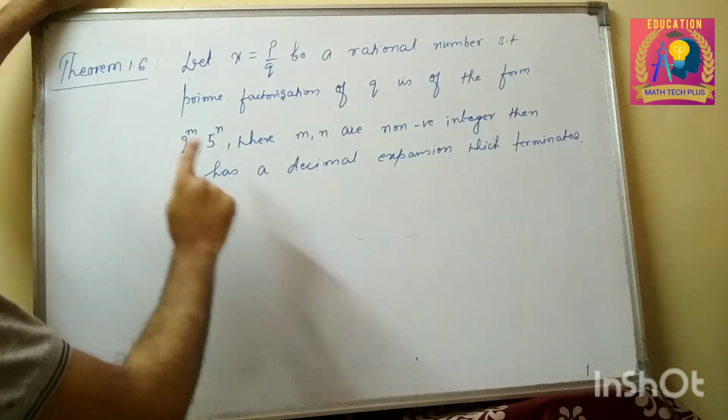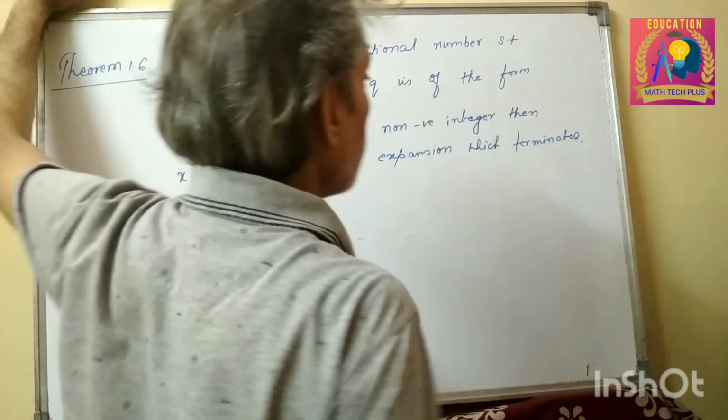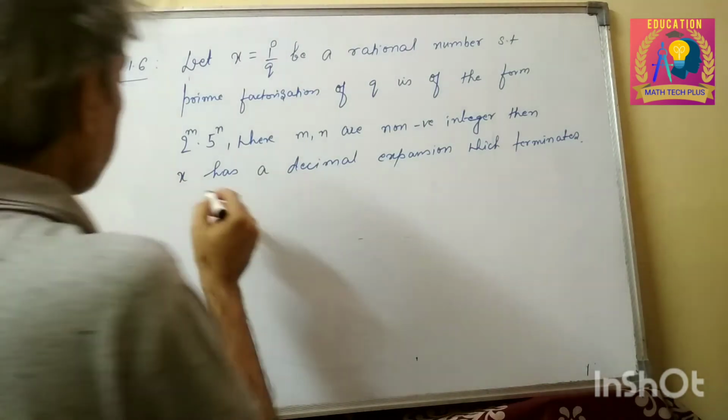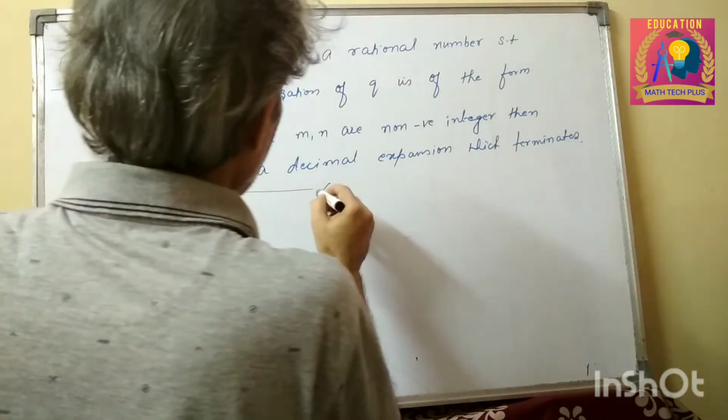Then x has a decimal expansion which terminates. What does this mean? I am going to explain this.